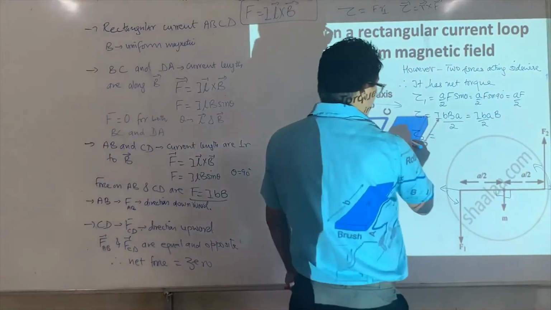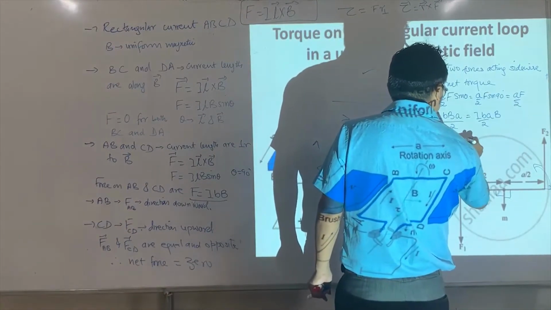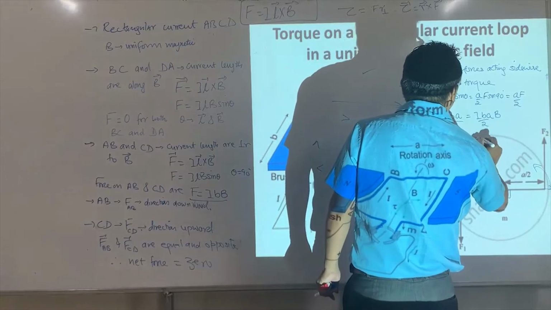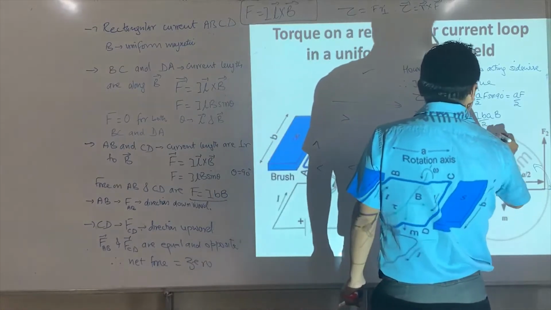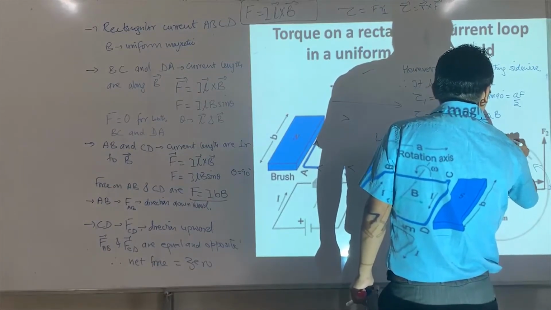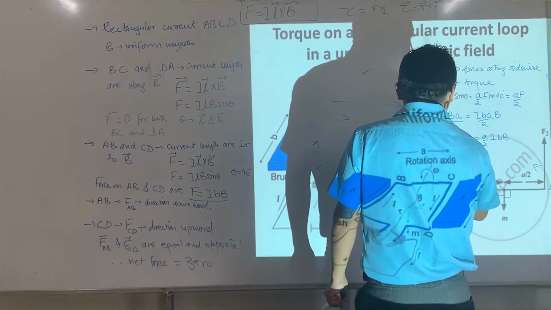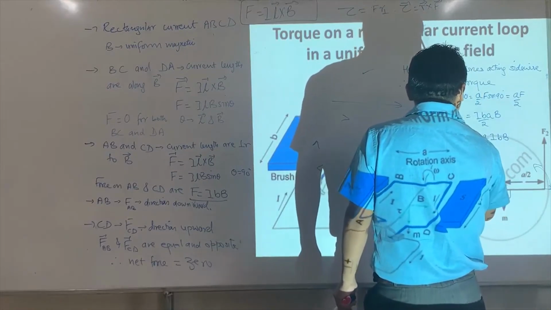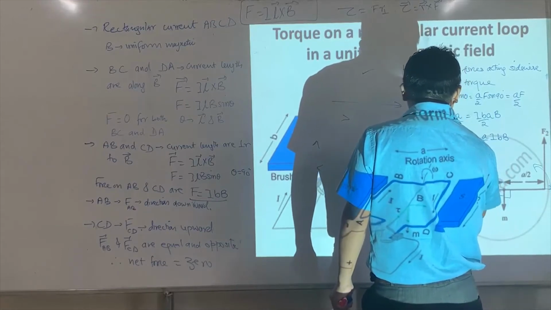So therefore, this is going to be again a by 2 F sine theta. What about F? F is equal to I b, sine 90 is 1. So therefore, finally, this is going to be I b a divided by 2.